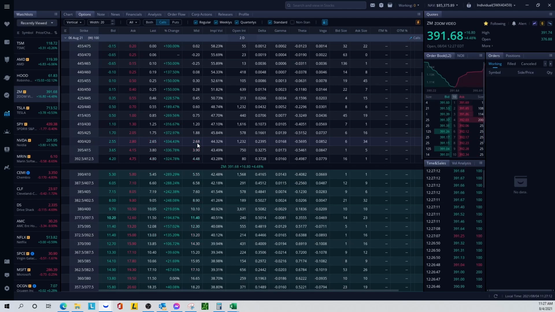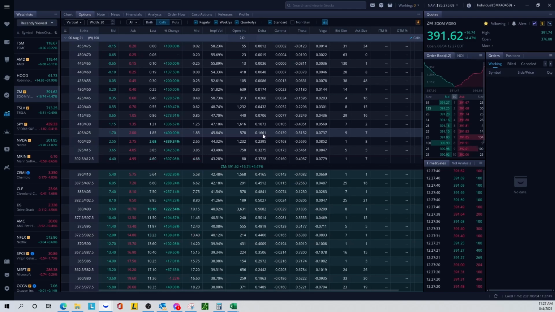The thing that I usually look for is delta on these spreads, and I look for a delta of 0.16 or less. A delta of 0.16 is roughly equivalent to one standard deviation from the current price, which means that I have an 84% chance of this expiring worthless.